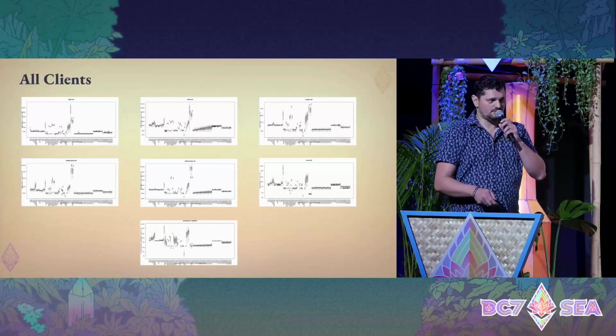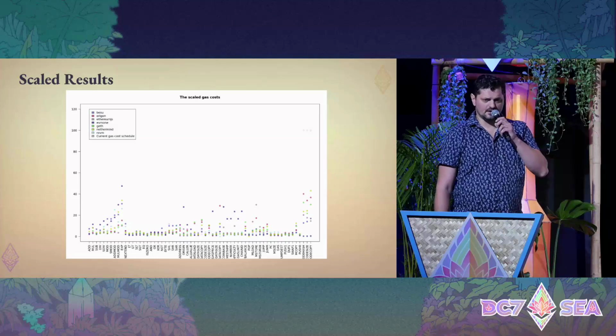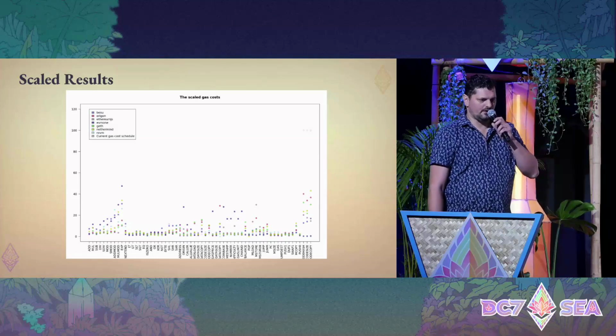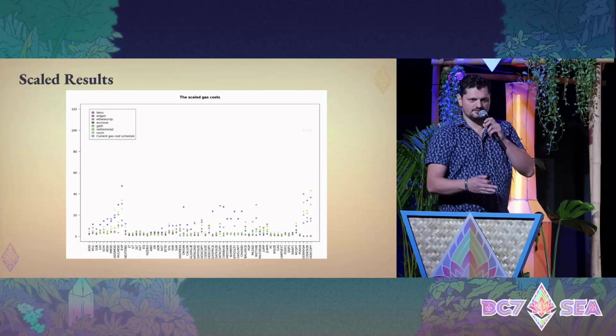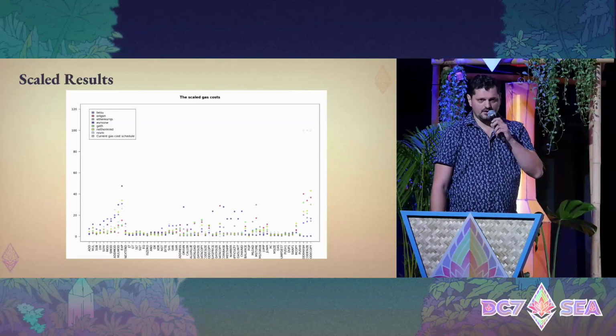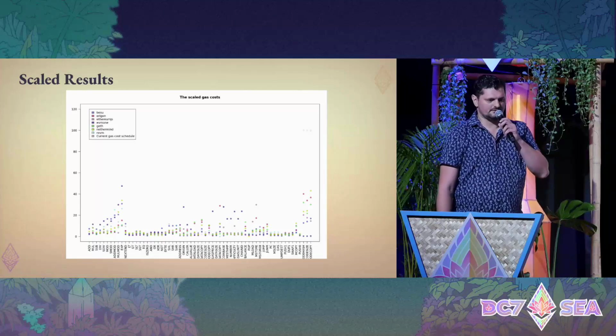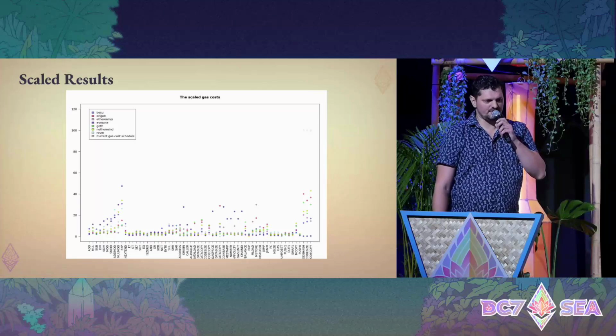So what we want to do is to remove any noise and bring them to a common ground. So we rescale all the results so they can be compiled on a single graph, and we can see the differences and how each opcode consumes time and effort on the executing machine.